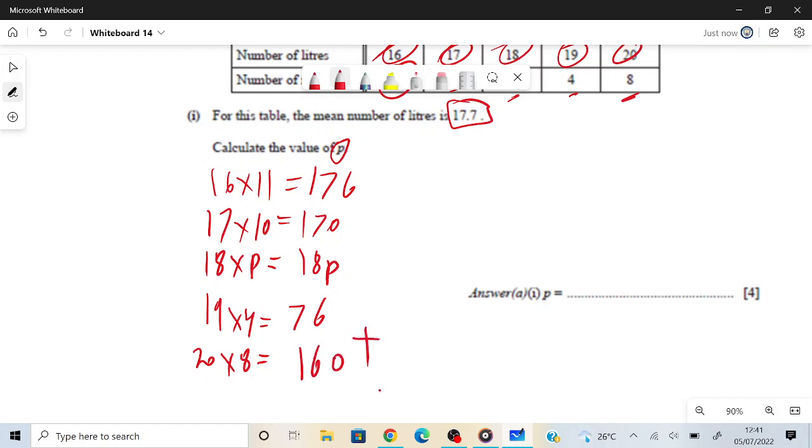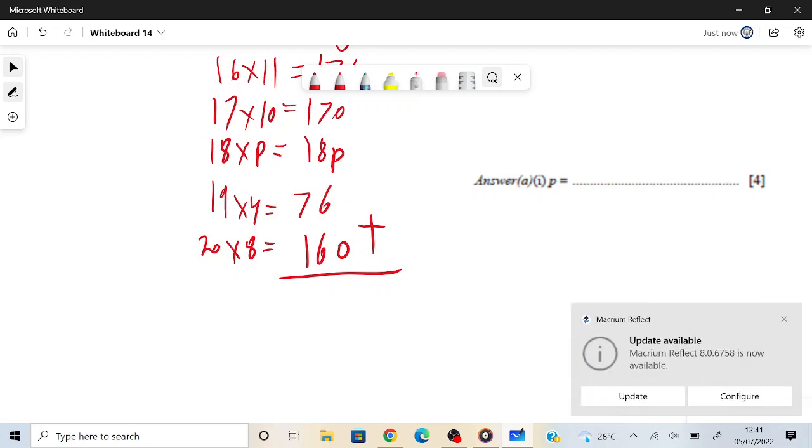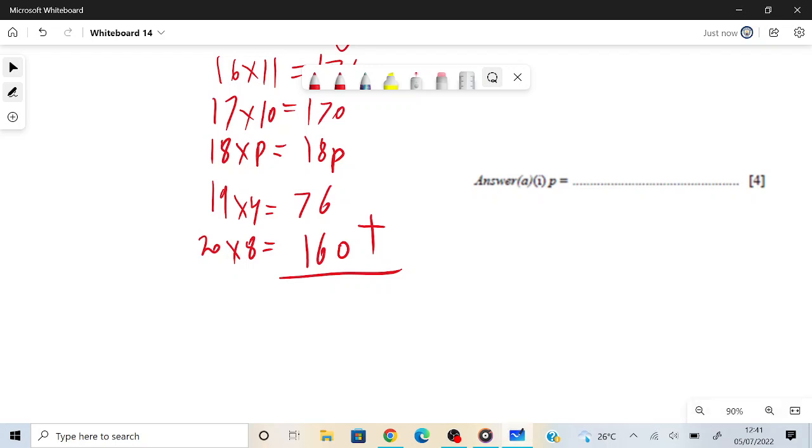If you add up all of this, because eventually we will be dividing it by the frequency and equating it to 17.7 to solve for P: 176 plus 170 plus 18P plus 76 plus 160.